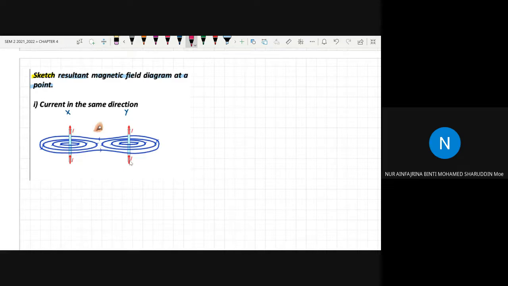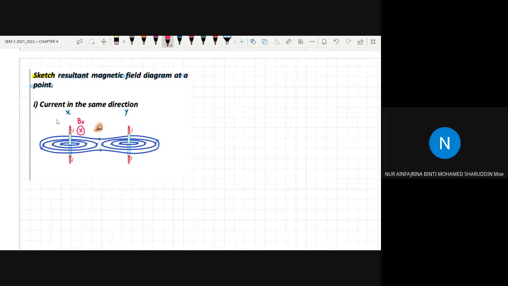So your thumb will point upwards untuk wire X, dan sebelah kanan dia magnetic field akan masuk. So BX, so Miss akan label dia sebagai magnetic field of wire X belah kanan akan masuk.